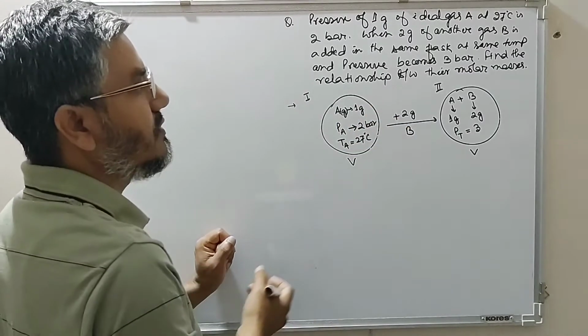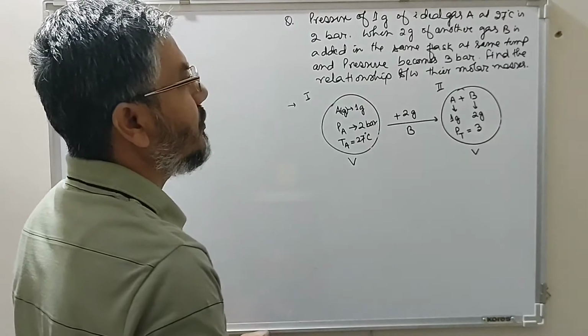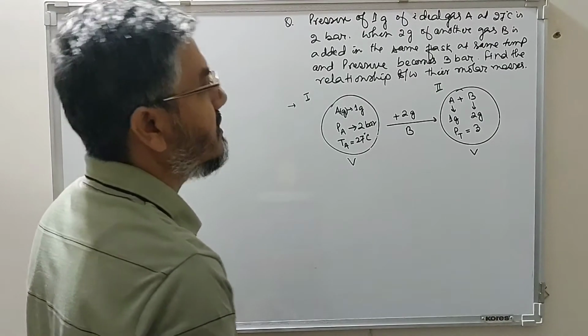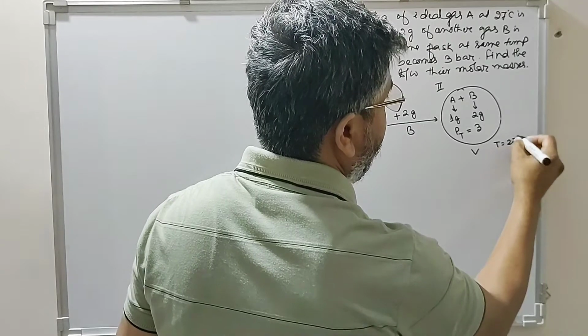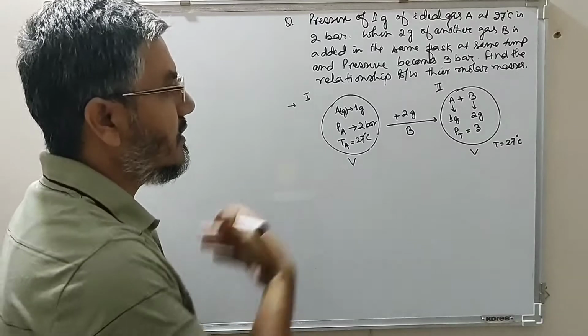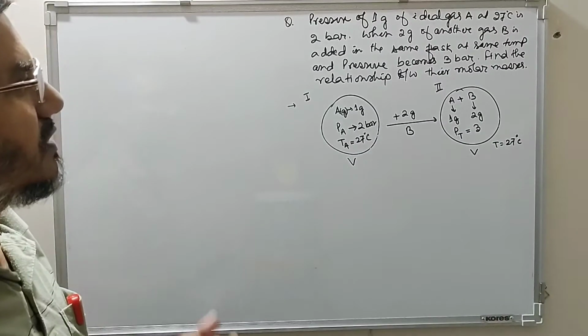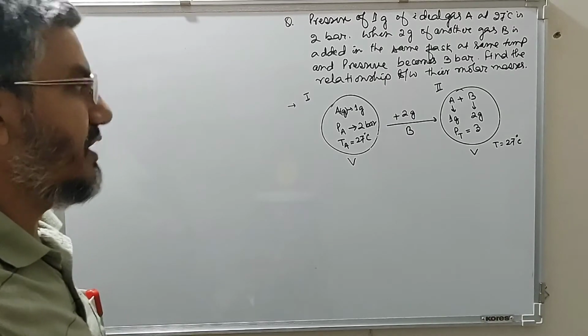Then the question asks for the relation between their molar mass. The temperature is still the same, 27 degrees centigrade. So find the relation between the molar mass of gas A and B.